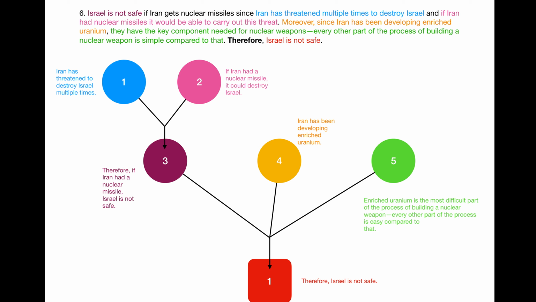Then we get to 3. If Iran had a nuclear missile, Israel is not safe because they've threatened to destroy it, and a nuclear missile could destroy it. So if both of those were true, then we would get to 3. So then we look at 4. Iran has been developing enriched uranium. Okay, and then we look at 5. Enriched uranium is the most difficult part of the process of building a nuclear weapon. Every other part is easy compared to that.